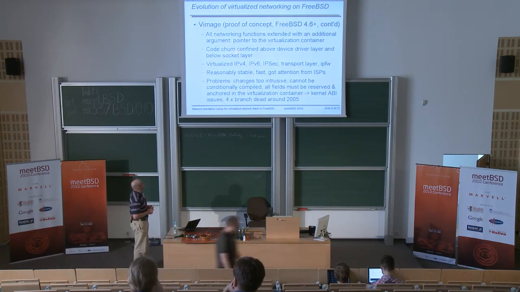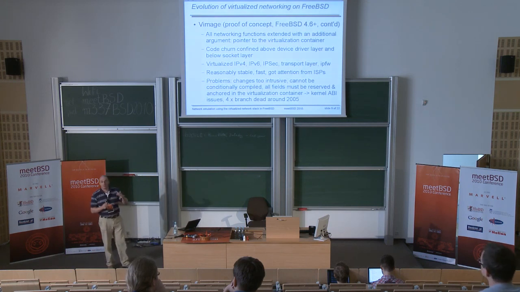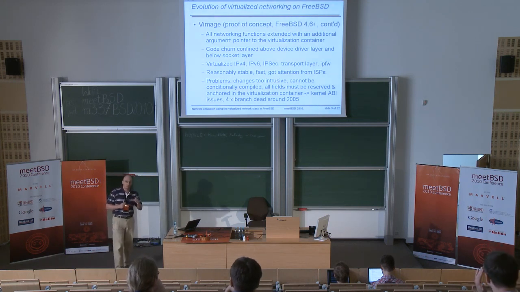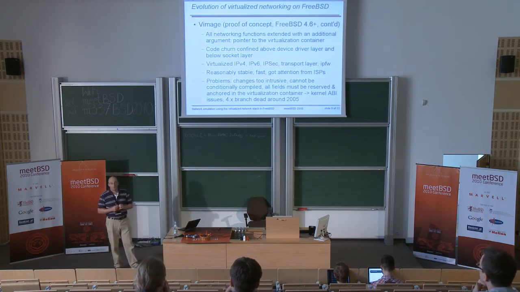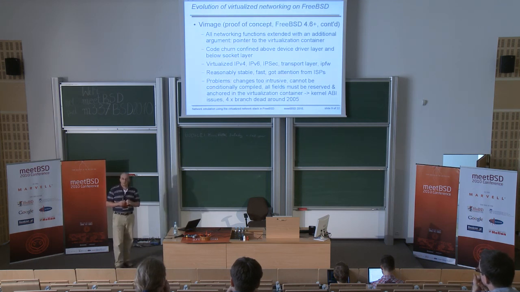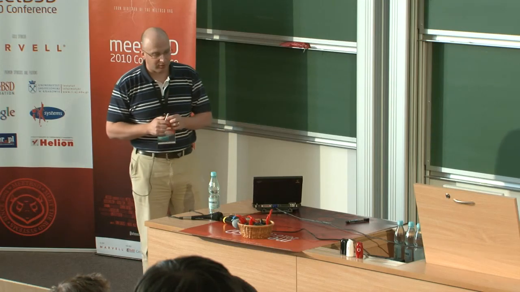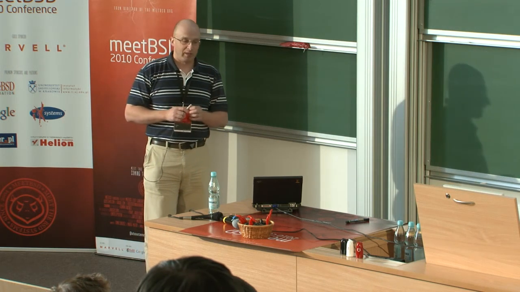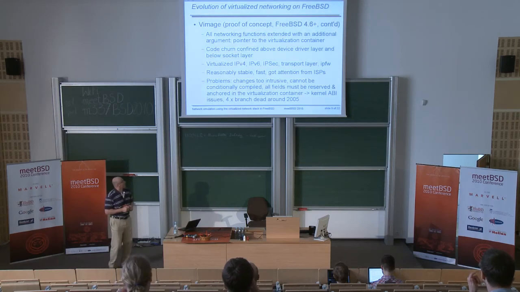The whole code churn was and still is confined below the socket layer and above the device drivers. So none of the network device drivers had to be modified, well, at least not those that had a clean design. There are a few of those that had some issues, but in 99% there were no changes at the device driver layer.